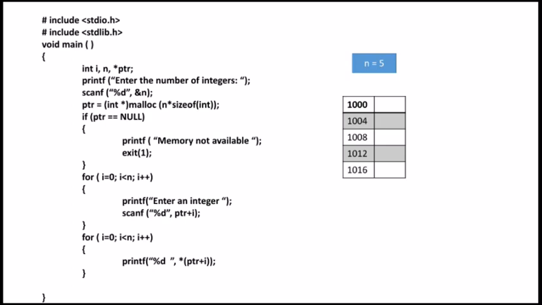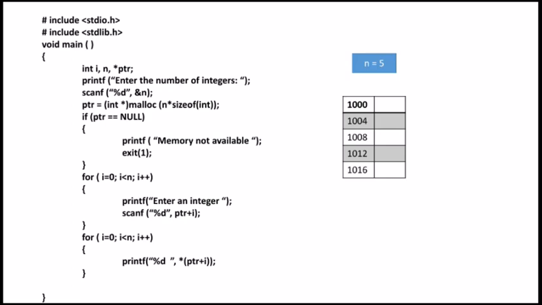Next, we are using the for loop, and in that we are trying to insert the values. So at the starting ptr address, that is 1000 plus i, that is 0, in 1000 the value which we have entered will be saved. The next time the value of i will become 1, and i is less than n, that is, 1 is less than 5.